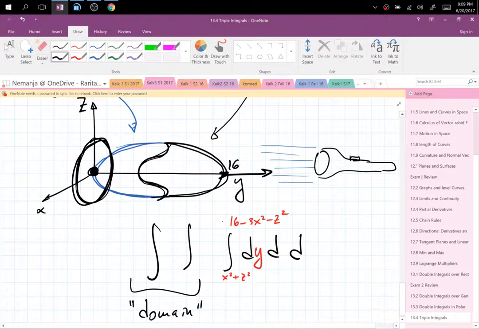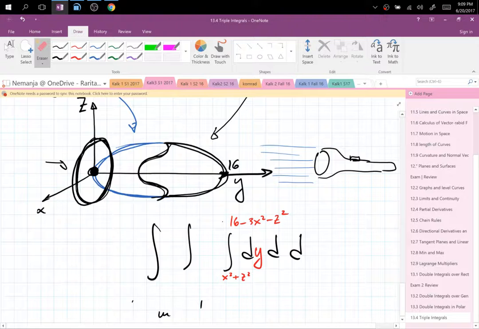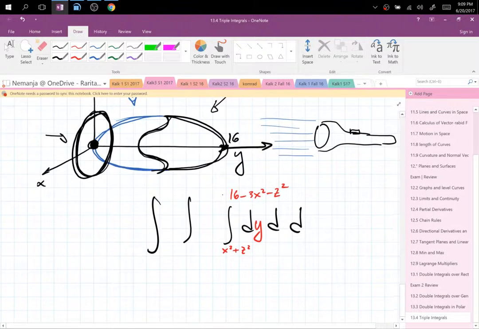It's either the floor or one of the sides. Equation of this one is going to be these two integrals here. Guys, this is not easy. You have to understand a lot of stuff here.